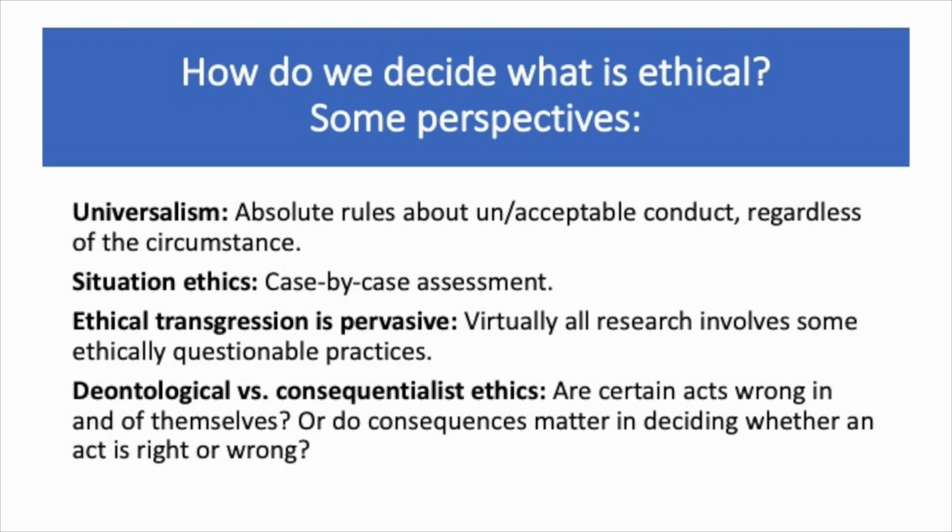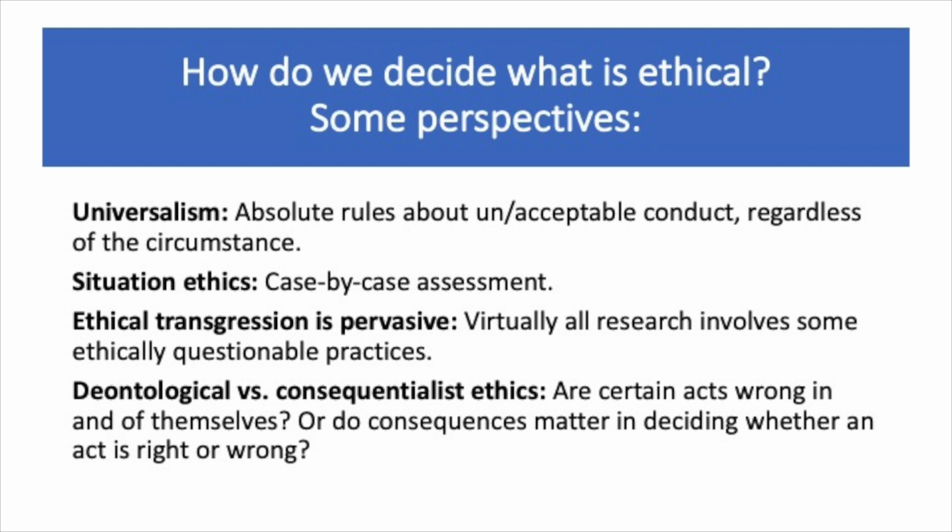Now, there are several perspectives that we can utilize to better understand what is ethical in social research. So these do start to break down those questions that I posed on the previous slide. Perhaps we think that there are absolute rules about what is okay and what is not okay as a researcher, right?